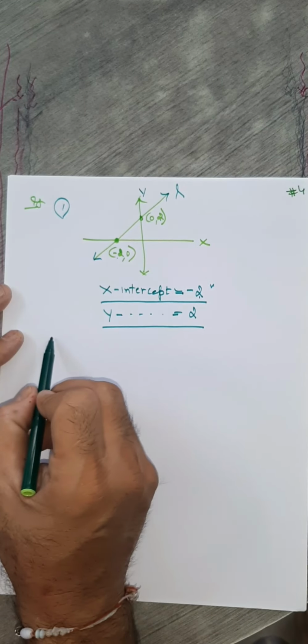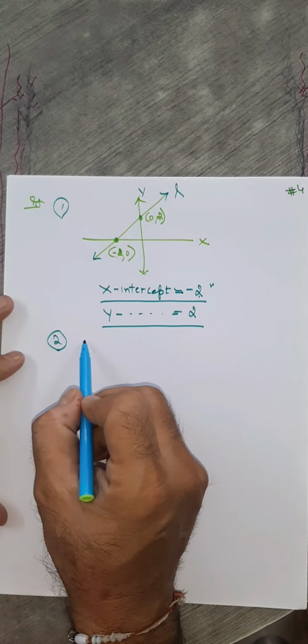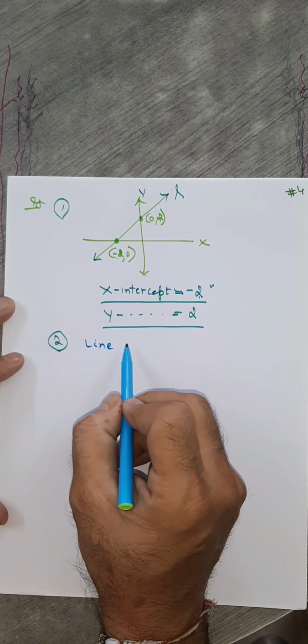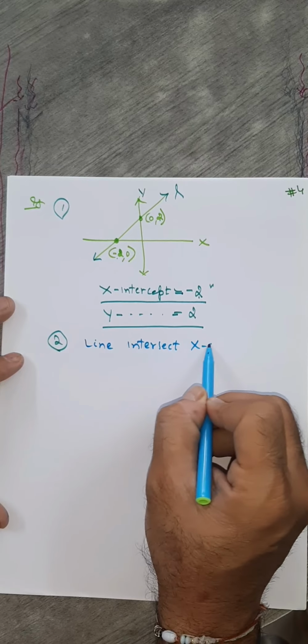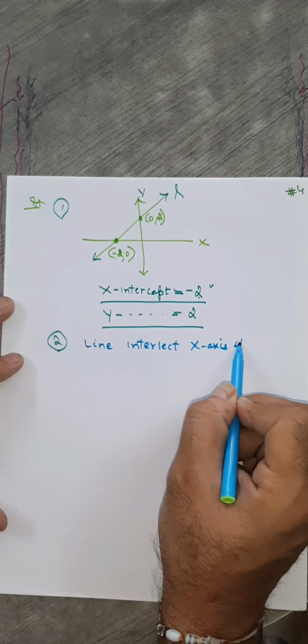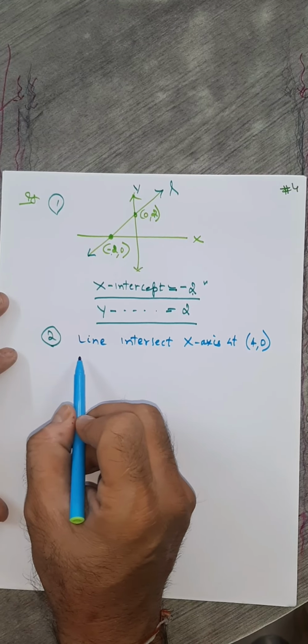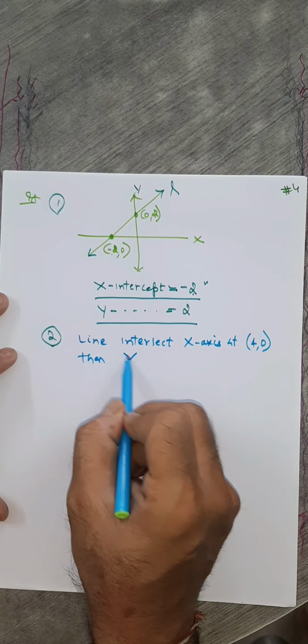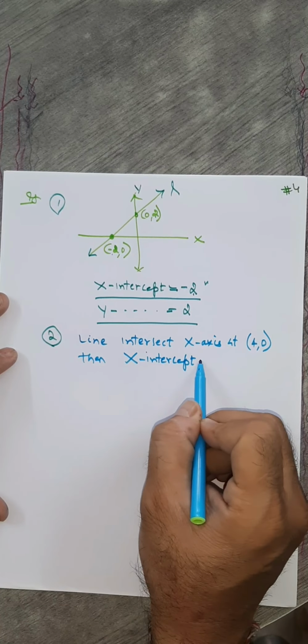Understood? If I write in the other language, suppose I write like this. Line intersects the x-axis at, let me write 4 comma 0. Then what is your x-intercept? X-intercept equals 4.